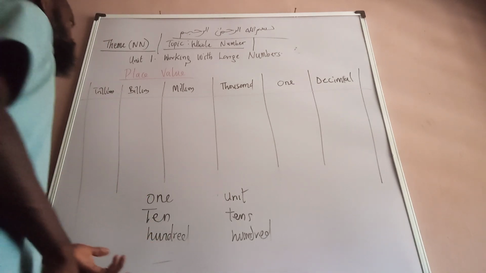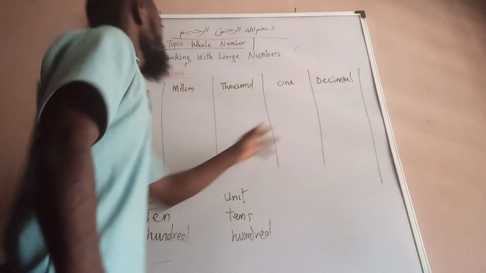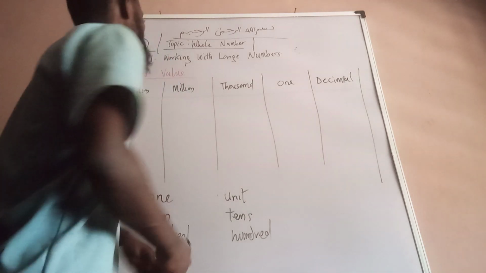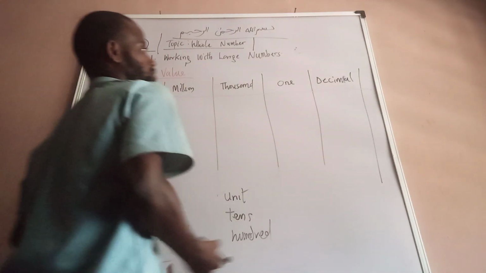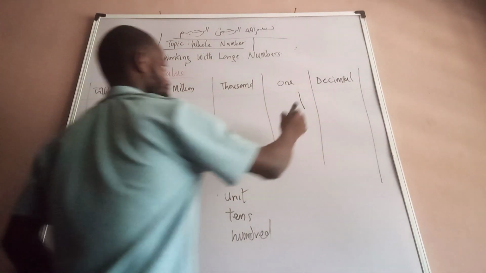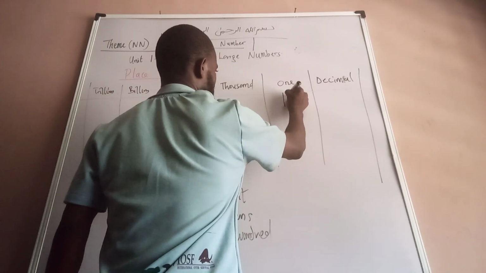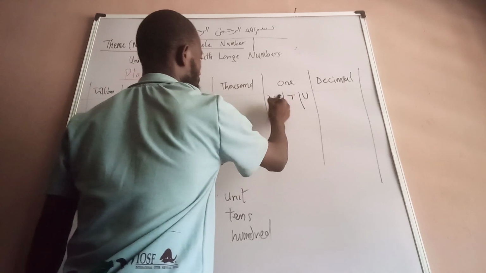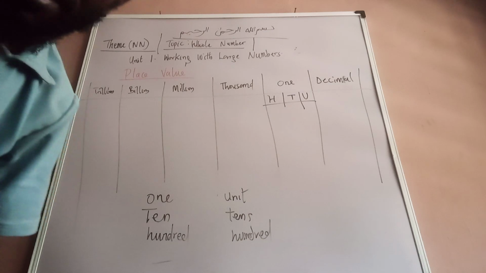So like this one, this decimal has 1, decimal 10, decimal 100, as the case may be. The same thing here, we can have 1 under units, so let's say 1 is U, then here we have tens, T, and we have hundreds under H. I hope I'm making sense.